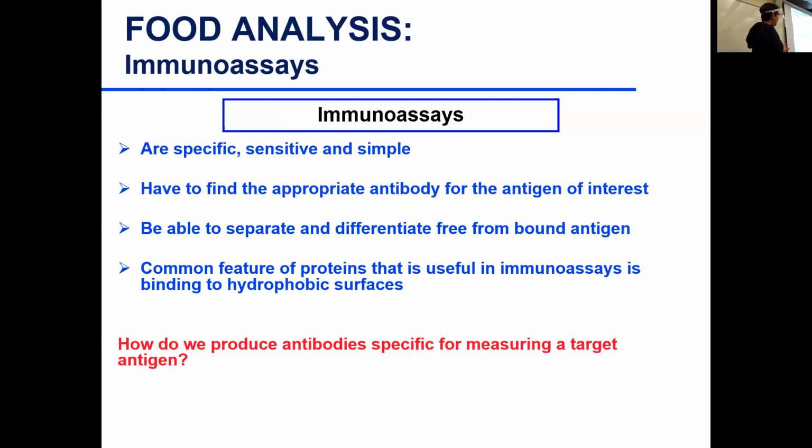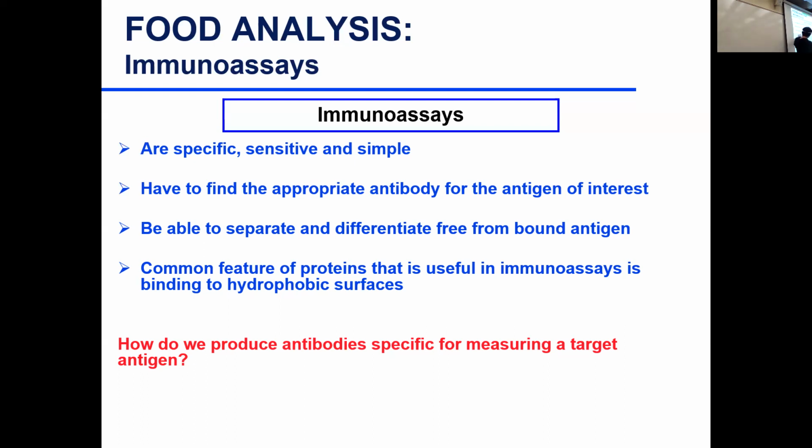We also need to be able to separate and differentiate bound antigen, that means antigen bound to the antibody, from the free antigen. I'll show you what that means in a second.